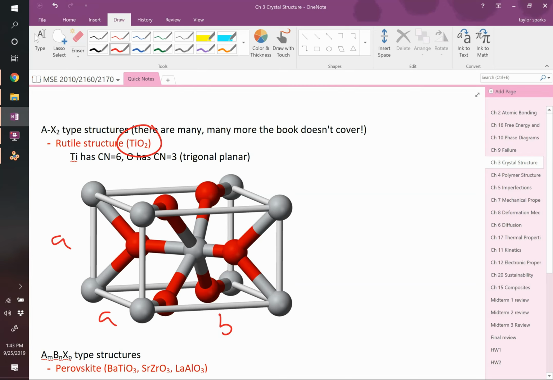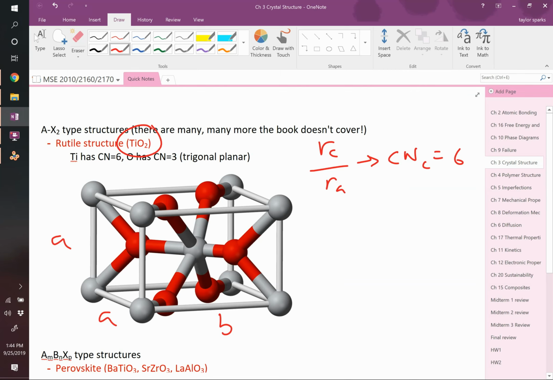If we did the RC over RA, we would find that the coordination number of the cation equals 6. You'll have to trust me for the sake of time. You can go back later if you want. Punch in titanium divided by oxygen. It would give you a coordination number of 6, which is why titanium is surrounded by 6 oxygens. But oxygen is only surrounded by half as many titaniums.